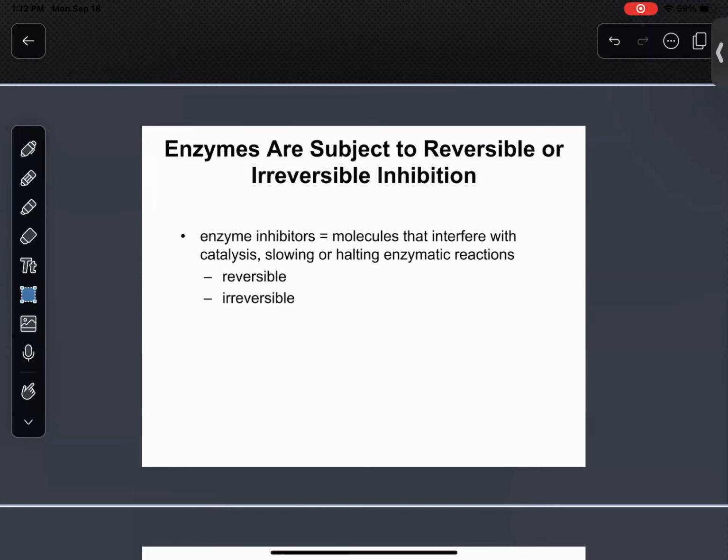That's how attracted one thing is to another. That's the definition of affinity. And we know that the lower the affinity, the higher the Km, and the higher the affinity, the lower the Km.